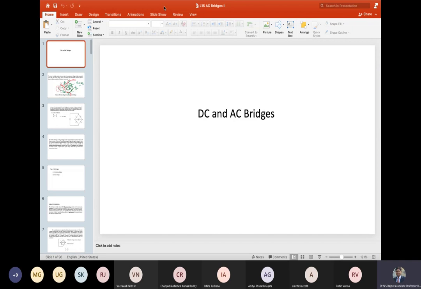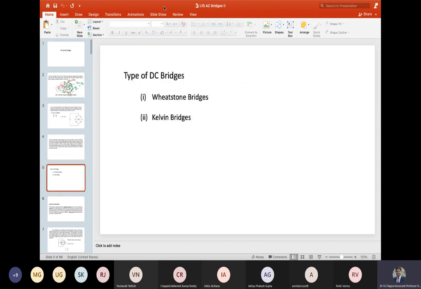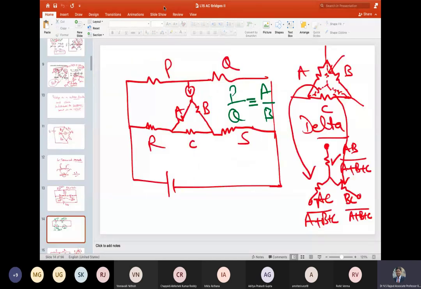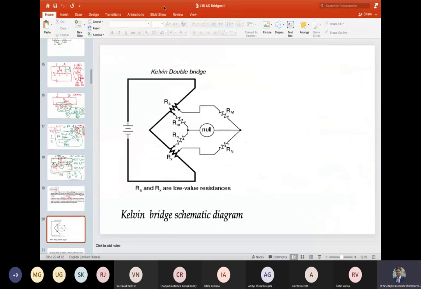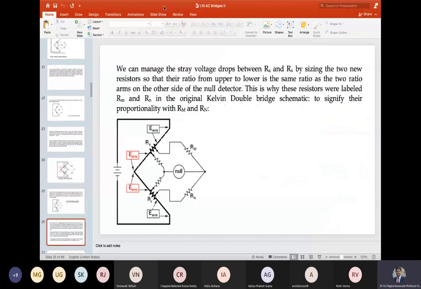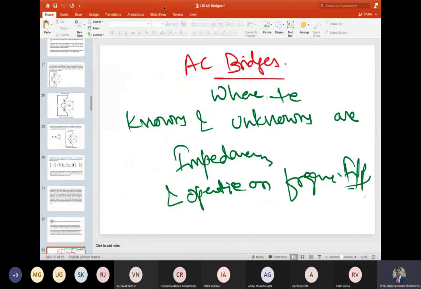Technically speaking, whether there are different types of bridges or not, eventually the Wheatstone principle will be there, where we talk about the ratio or product of the various arms involved, right? So let us go ahead with what we have been talking about. I will share the PPT.